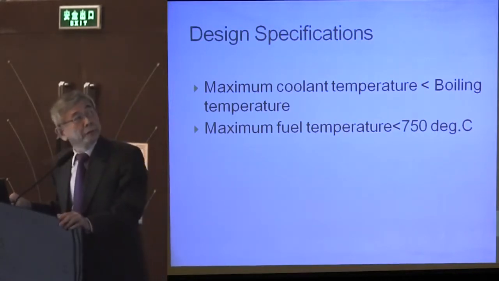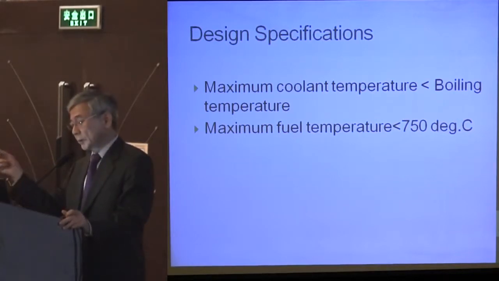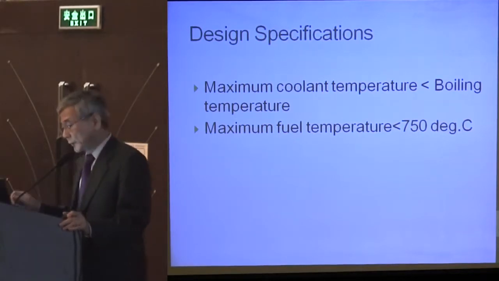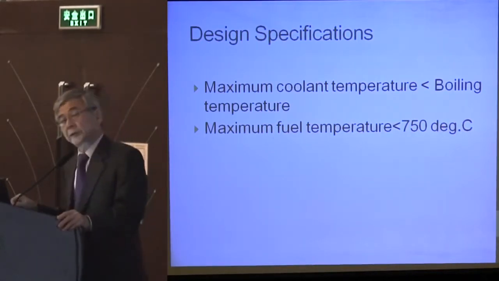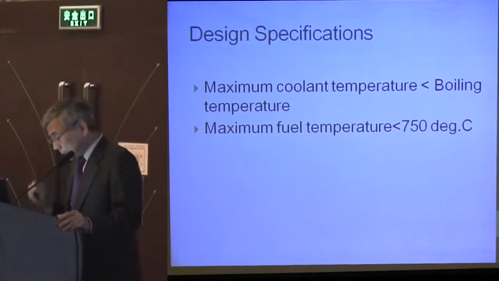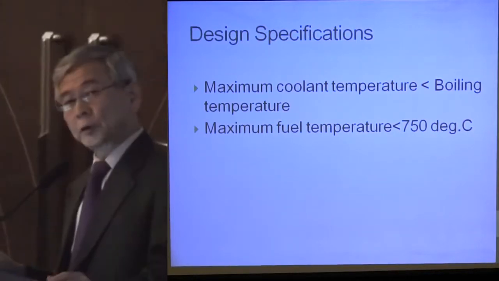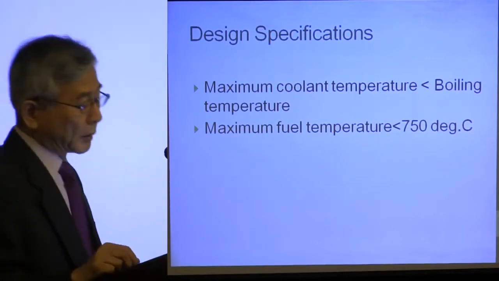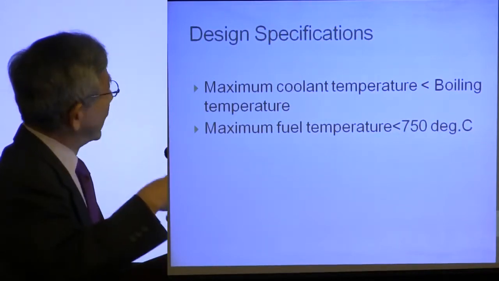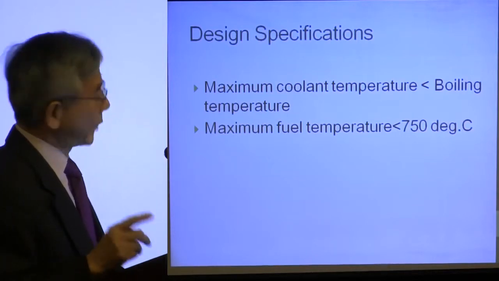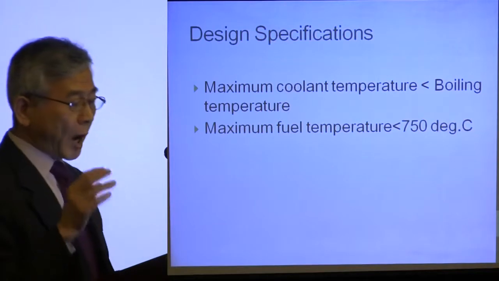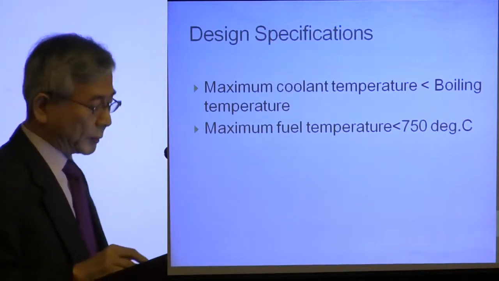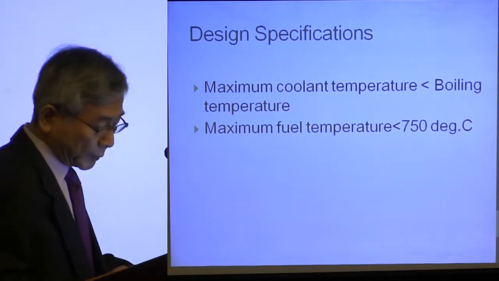And the next one is that the maximum fuel temperature, I mean the fuel temperature in the drain tank, is not higher than 750 degrees Celsius. In the molten salt breeder reactor, the exit fuel temperature is about 700 degrees Celsius, so we set a little higher maximum temperature of 750 degrees Celsius.